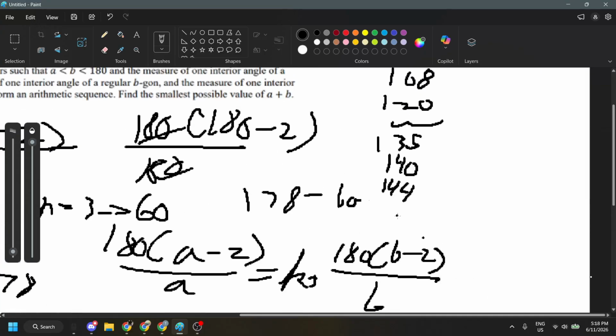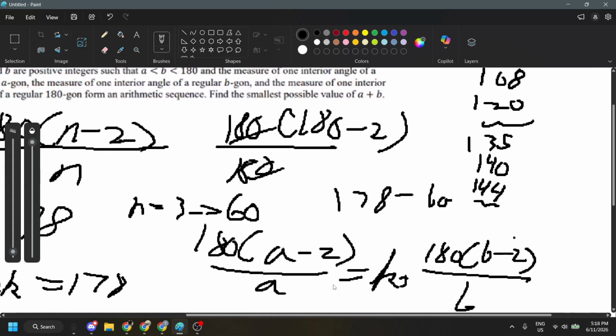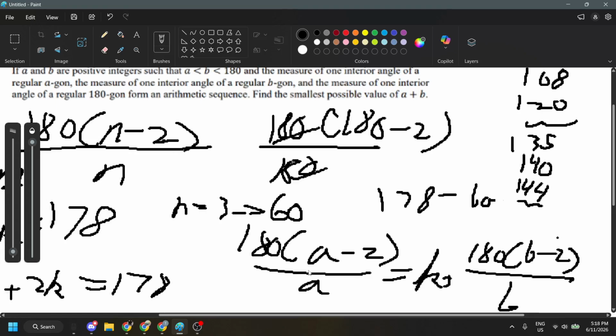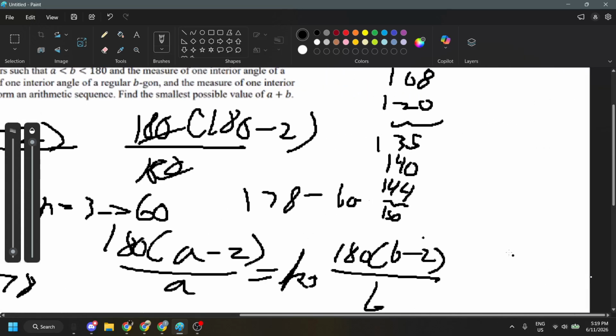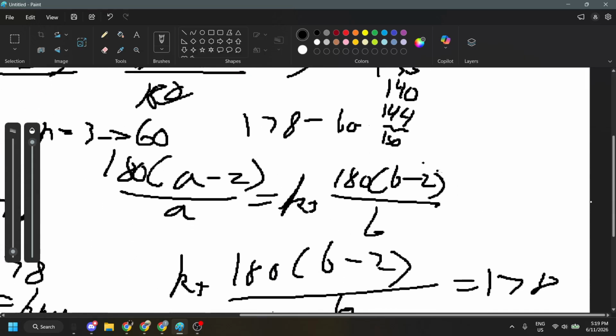So we have 11 is going to be weird. 12 is 8. Well, 180 is 3 times 60. So 15 times 10 is 150. Okay, no. So I added 135.